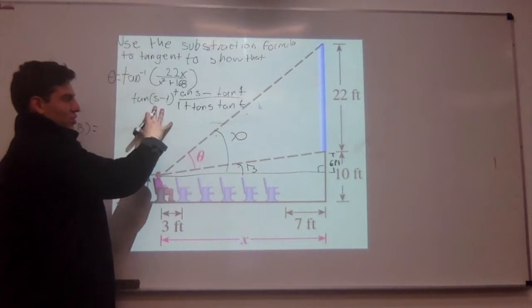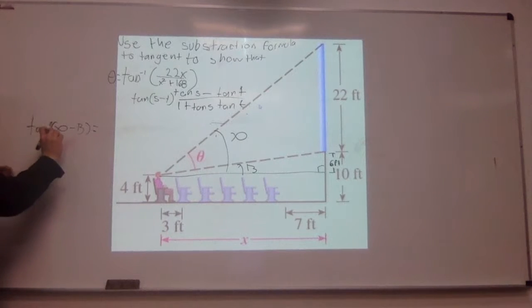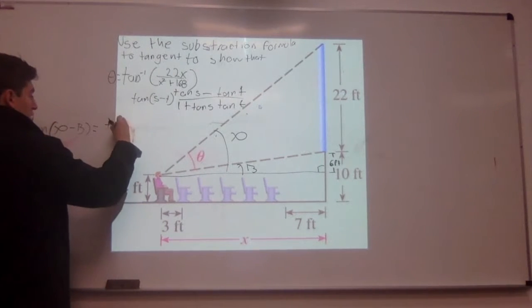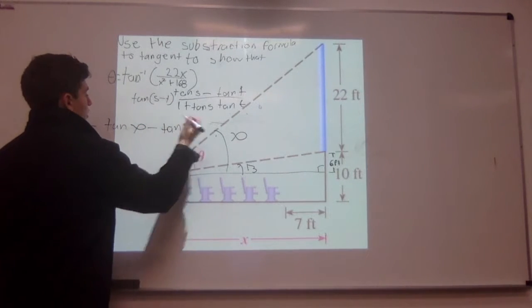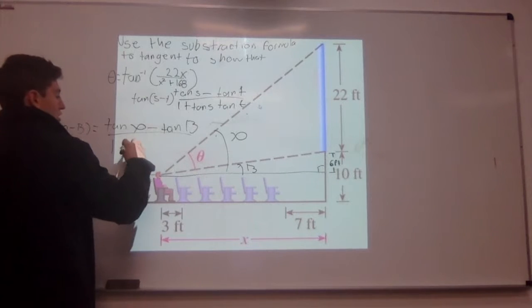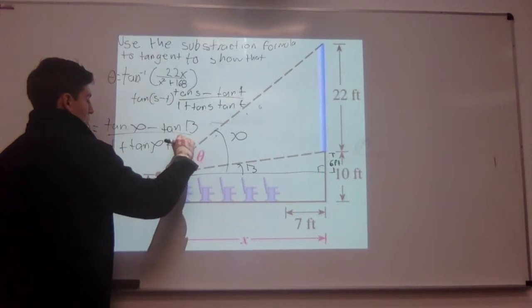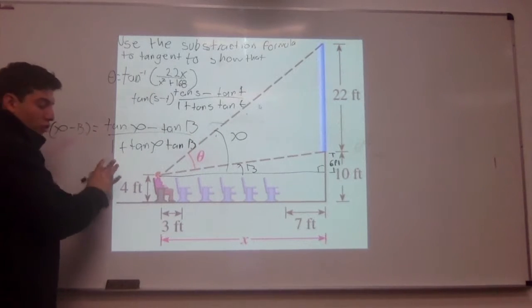With this equation, if we transfer the data, we have tangent of alpha minus beta is equal to tangent of alpha minus tangent of beta over 1 plus tangent of alpha tangent of beta. Okay, we write this new formula.